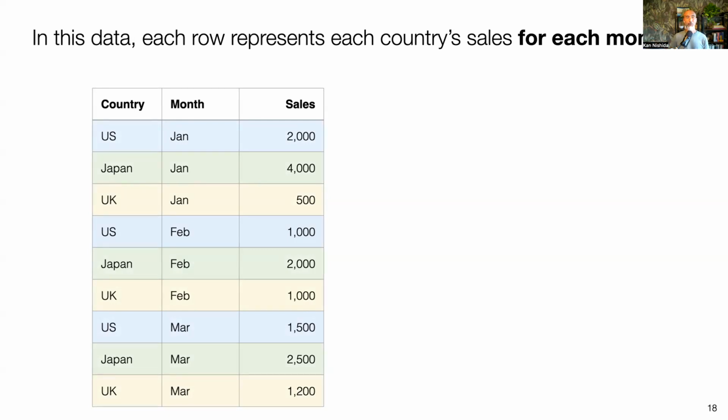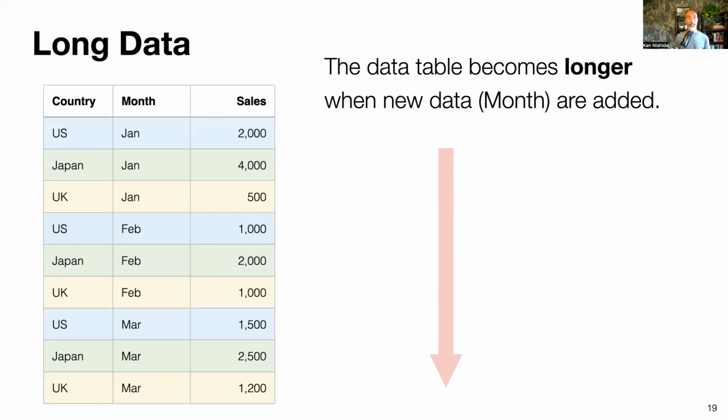Therefore we got fewer columns but more rows. That means the data is what we call long, because as new data comes in, it tends to add more rows, increasing in the vertical direction. When you get April data, we are going to have April rows for those three countries, which means we're going to have an extra three rows.